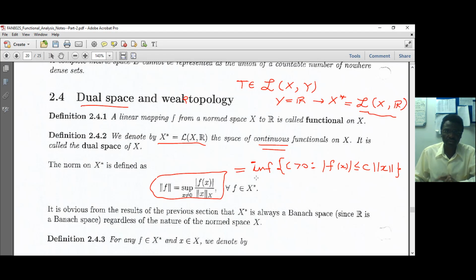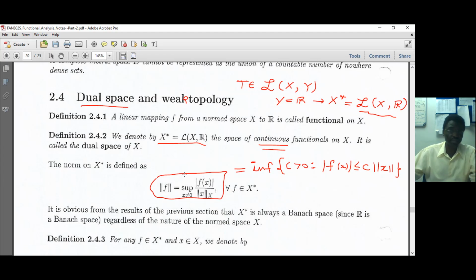Now you see that here, instead of the norm, we replace it with the absolute value because Y is equal to R, real numbers, and in R our norm is the absolute value. So that is it for continuous functionals. This will be the operator norm because f here is an operator.